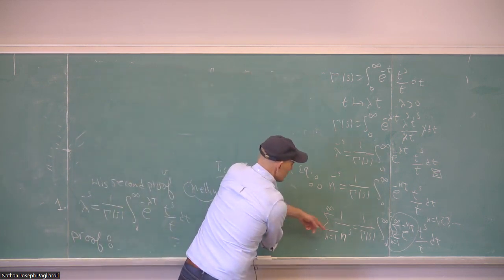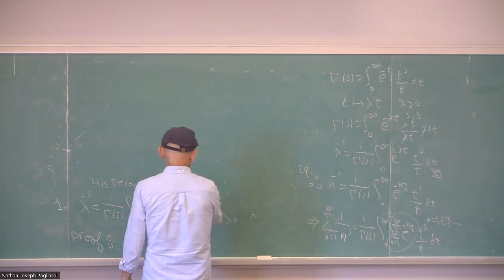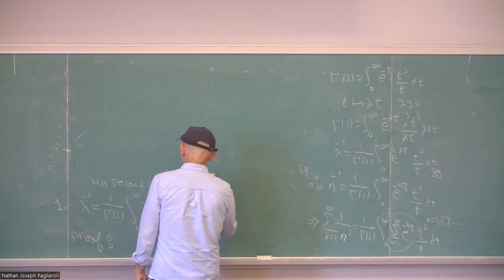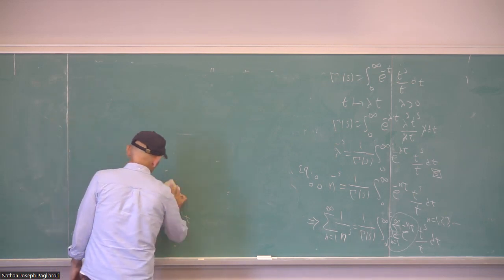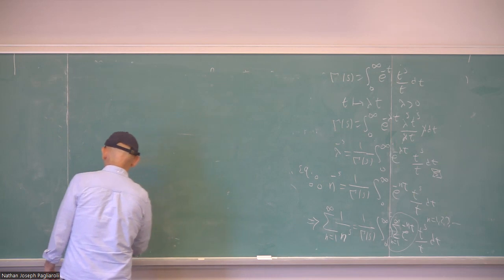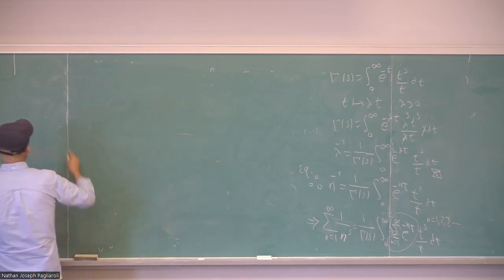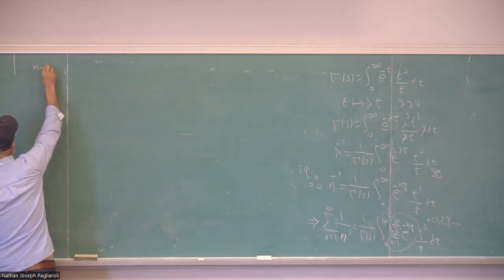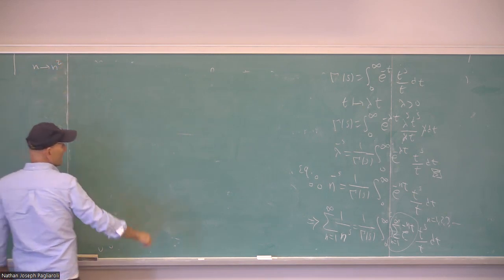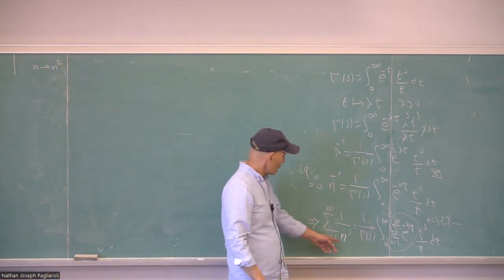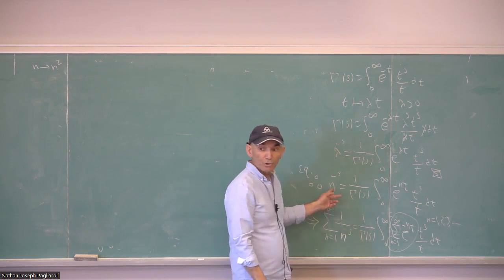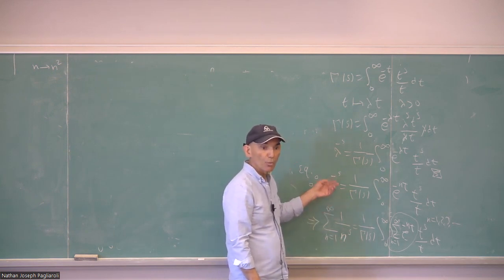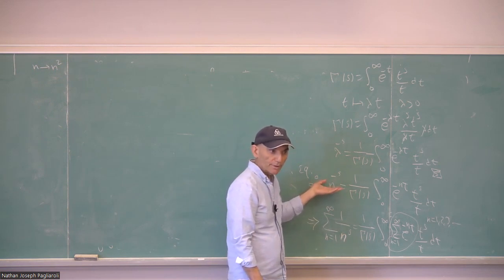So far we have reached that equality. So next, if we just change n to n squared, then I just sum over n squared instead of all n's. I can do that, right?